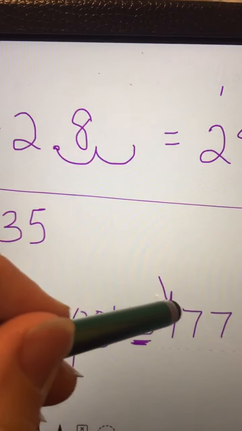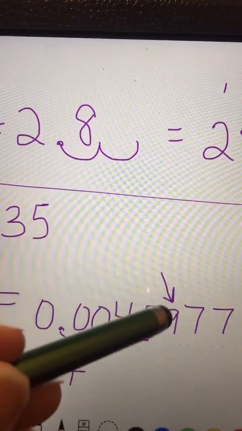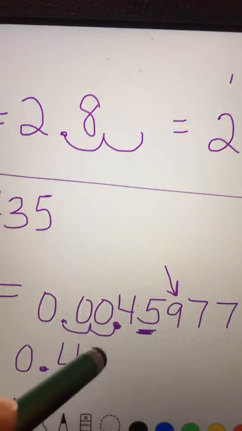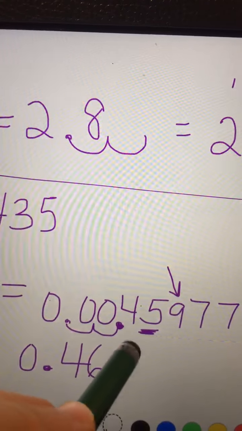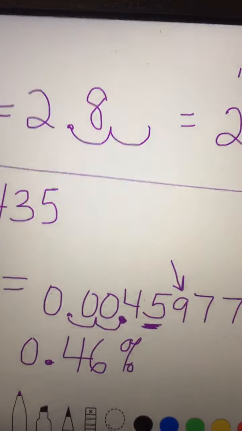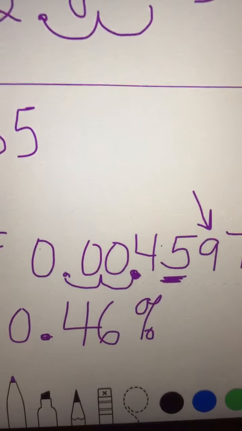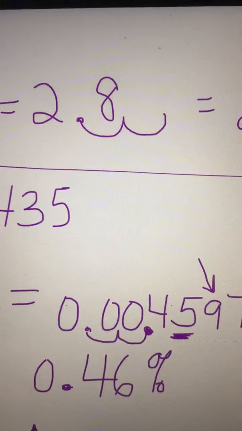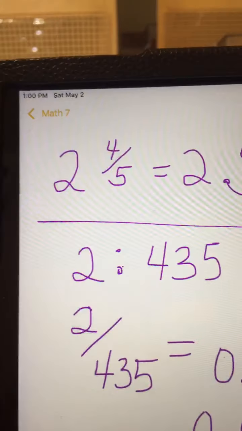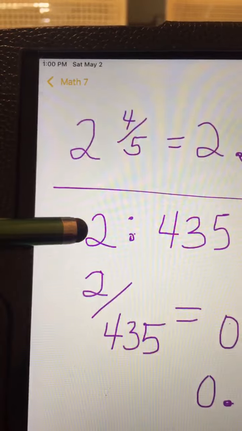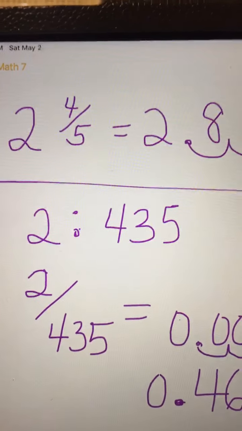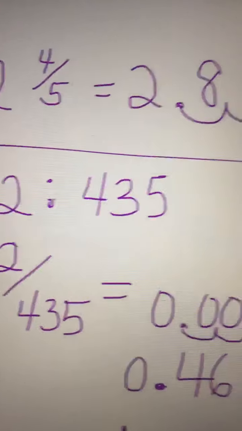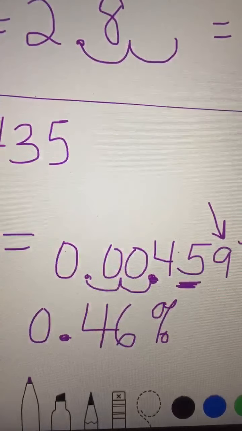But notice the 9 is large enough to change the 5 to a 6. So we're just going to round it up. Okay? And that's our answer. 0.46%. Not a full percent even, right? And that makes sense because if you only have 2 people out of 435, it's not going to be a large percent. All right, so it is only 0.46%.